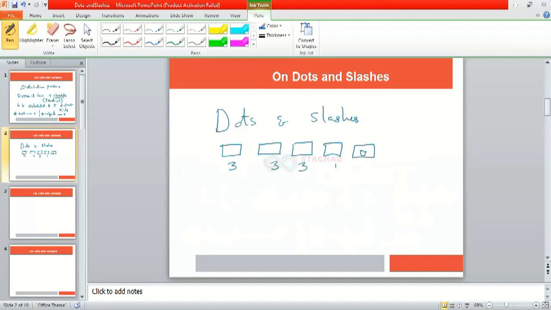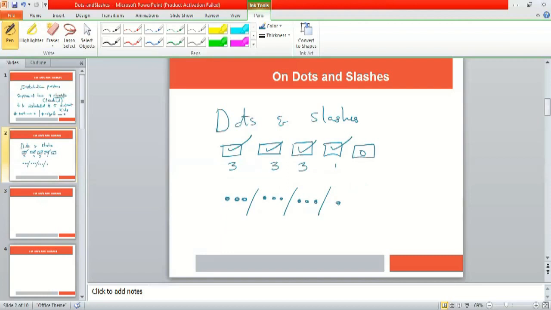The solutions are happening in non-negative integers. So how do I indicate this? I indicate this as three dots for the first kid, followed by a slash, 3 dots for the second kid, followed by a slash, 3 dots for the third kid, followed by a slash, 1 dot for the fourth kid, and I don't put a slash because it is understood that the last is 0.